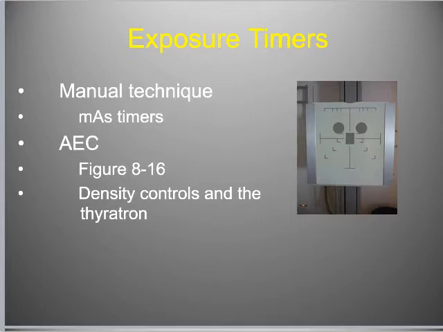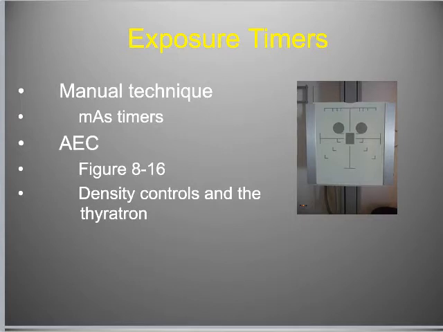A lot of times it's just made out of plexiglass. It has a gas inside of it, and every time an X-ray hits the gas inside of there, it registers that strike. After it gets enough strikes, it stops the exposure. So it automatically controls what the exposure is to the patient, what the exposure is to the image receptor.